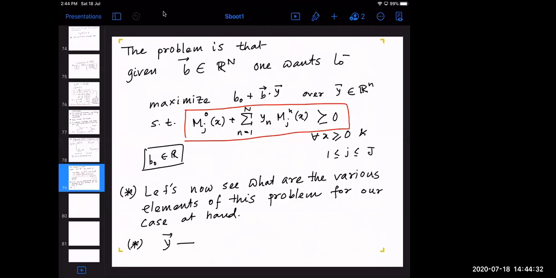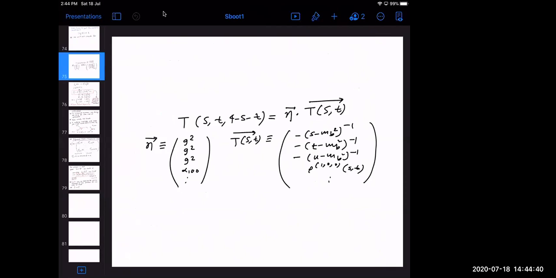This y is in our case the eta vector. Let me go back to slide number 75. This eta vector is basically the parameter vector, so it's g square, alpha, so the entire parameter vector.